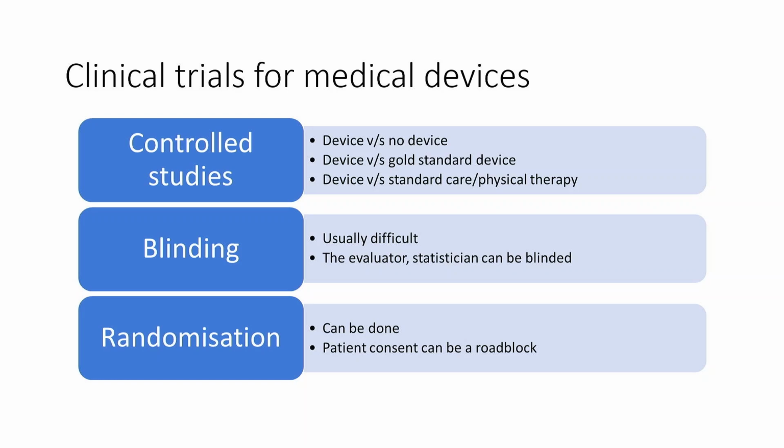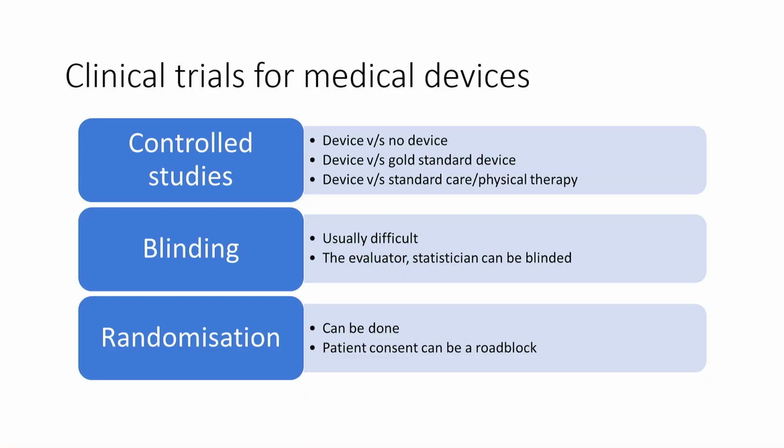So one case could be you just naturally allow a wound to heal versus you apply some kind of wound healing hydrogel to heal, right? So these are controlled studies. Blinding studies are usually difficult. The evaluator statistician can be blinded, right, to figure out how the distribution is. Randomization can be done, right?